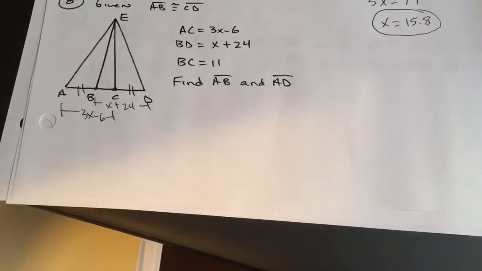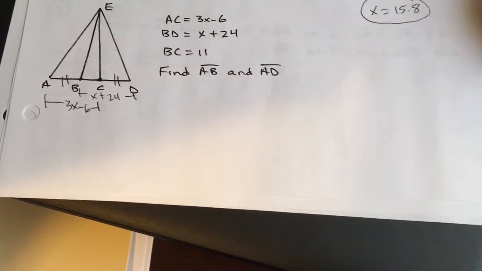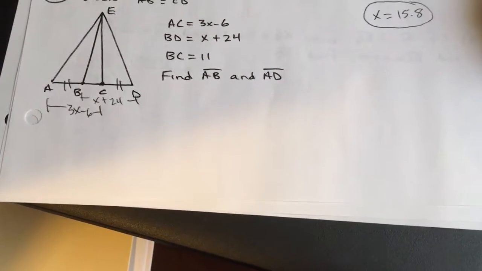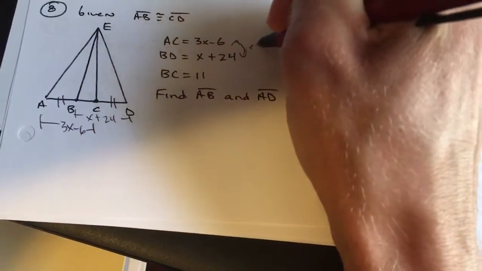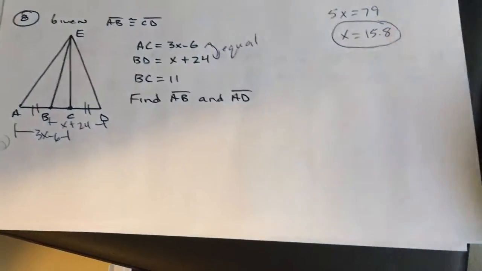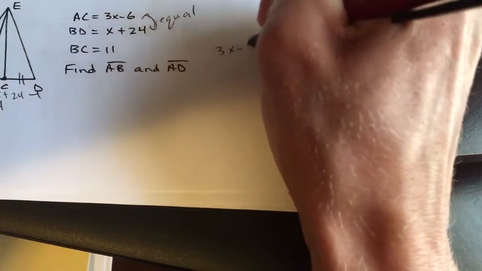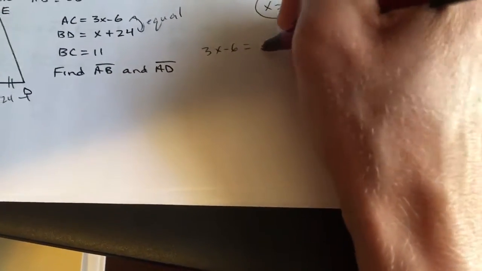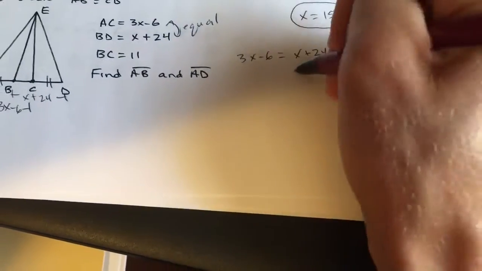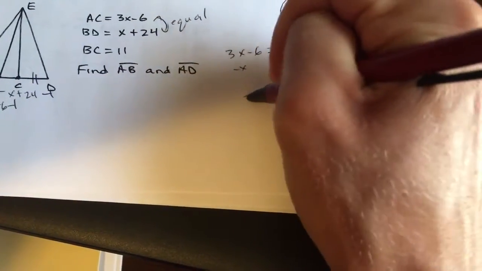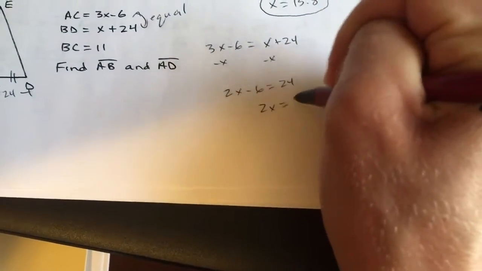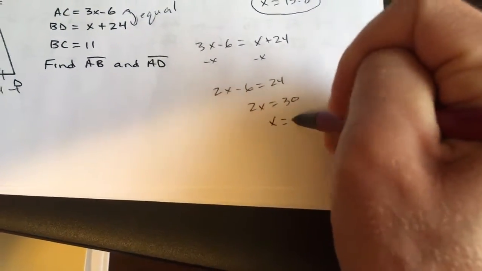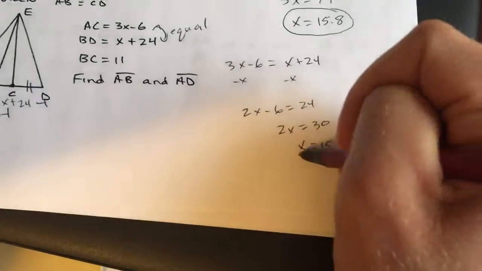Now, if AB and CD are equal, and to both of those I've just added BC, well, that makes AC and BD also equal to each other. So what I can say is 3x minus 6 equals x plus 24. Subtract x, both sides. 2x minus 6 is 24. 2x is 30. X is 15.